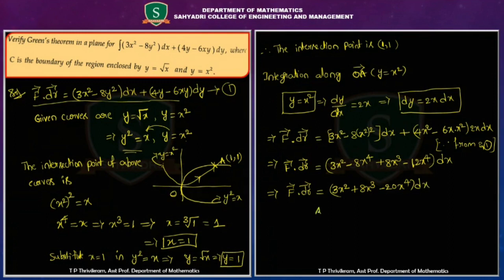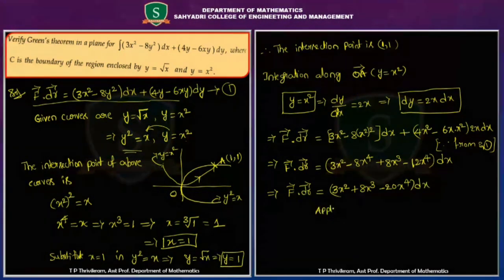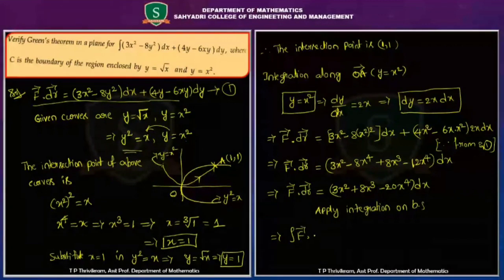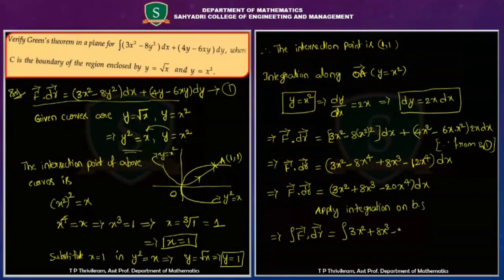Now apply integration on both sides, because you have converted F dot dr in terms of x. So integral of F dot dr is equal to integral of 3x square plus 8x cube minus 20x power 4 dx.